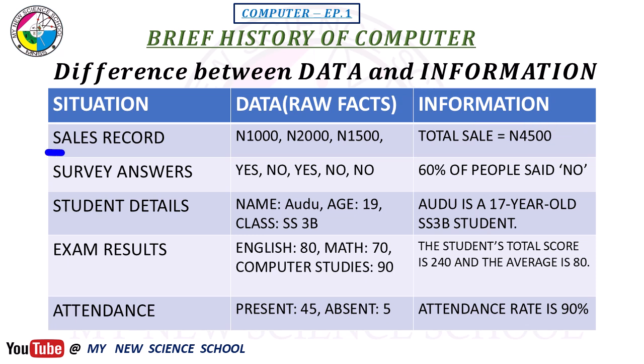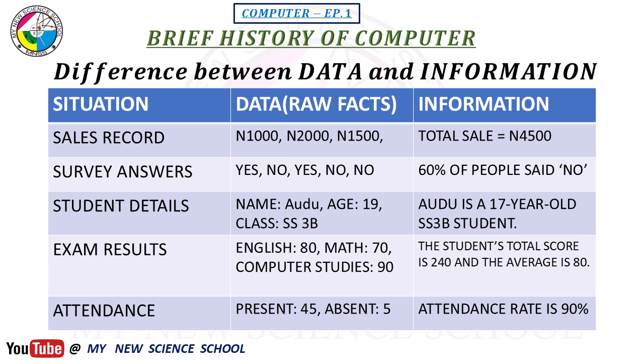First, sales record. From the sales record, we have 1,000, 2,000, then 1,500. These are examples of data. So these are the data gotten.